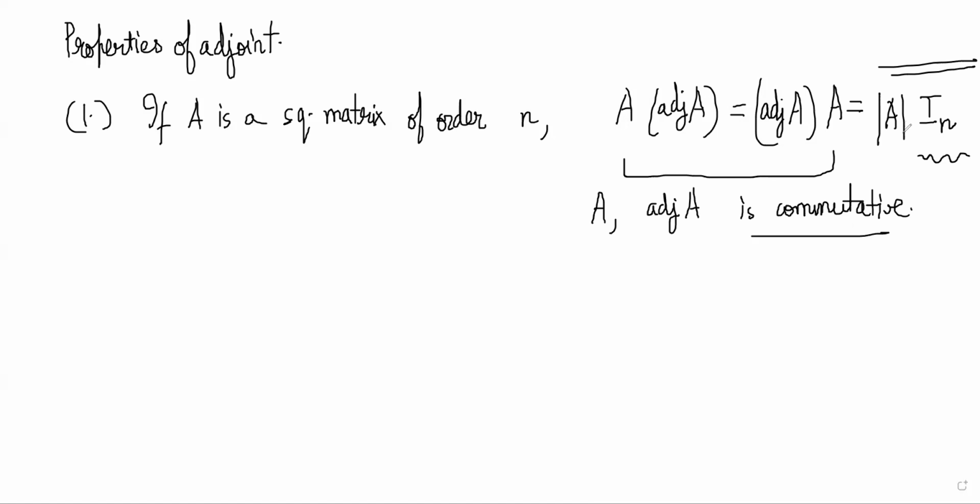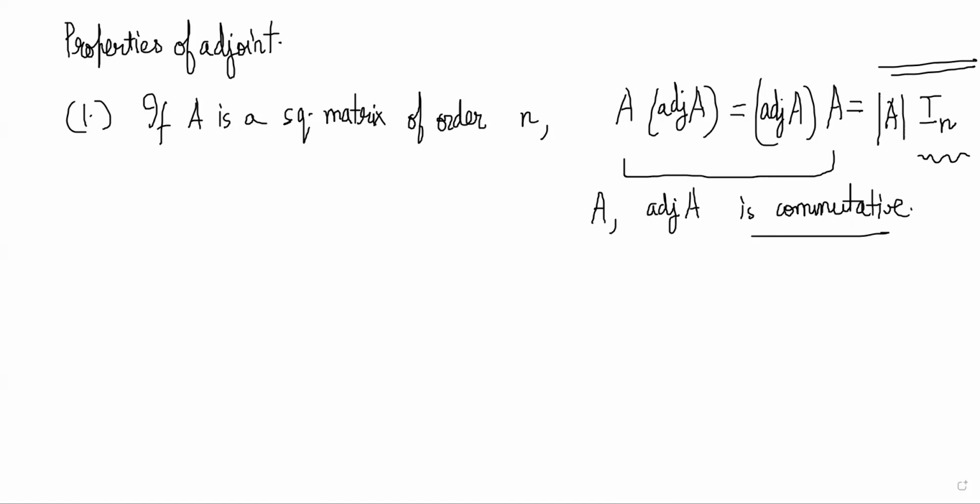Now this property you can prove by actually checking and calculating some matrices and see whether it is matching or not. You can try it out. Now from this property, we can deduce certain things.